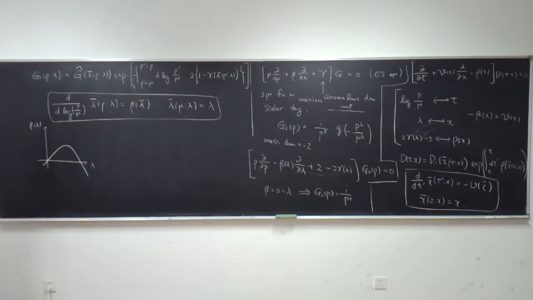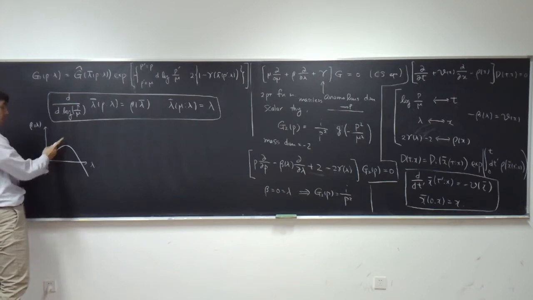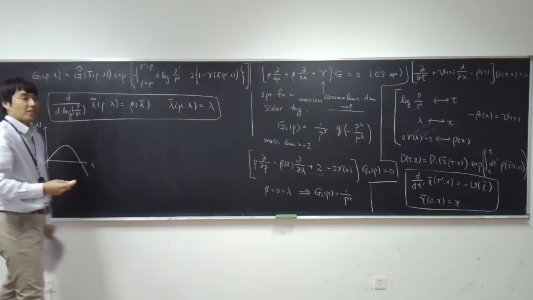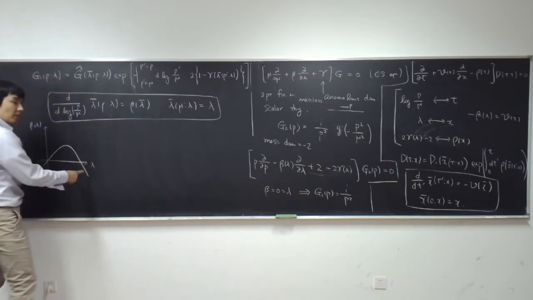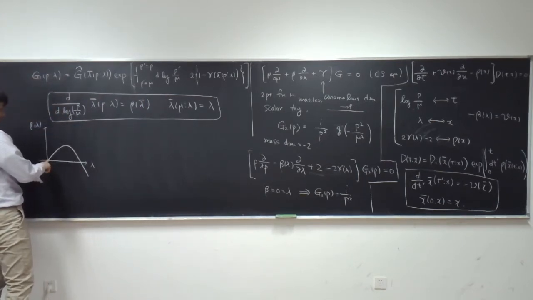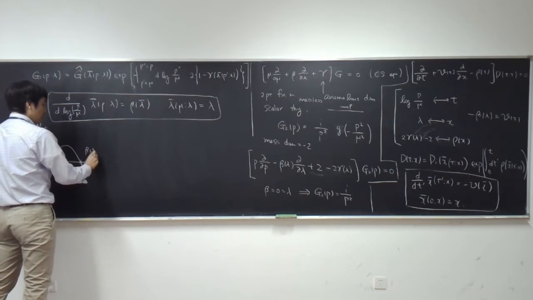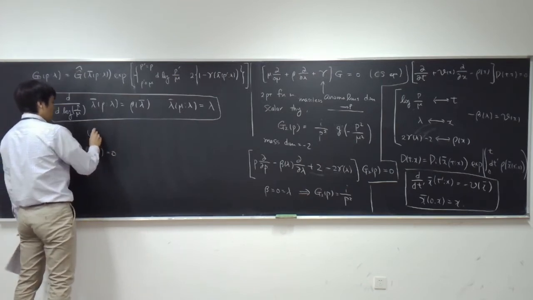As I mentioned, phi-fourth theory has a positive beta function, and suppose there is some higher quantum correction that bends the beta function this way. As I mentioned last time, beta of lambda star equal to 0 is called the UV fixed point.